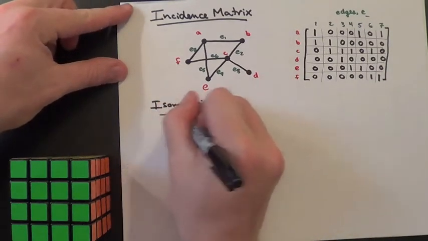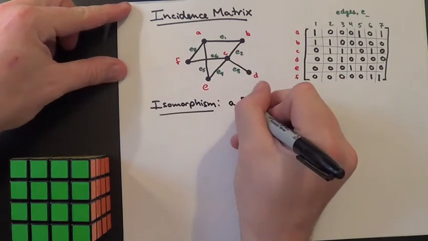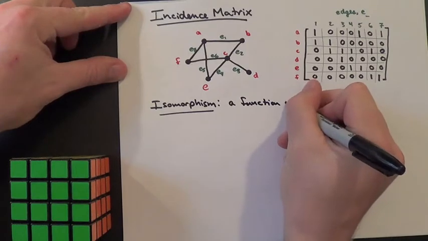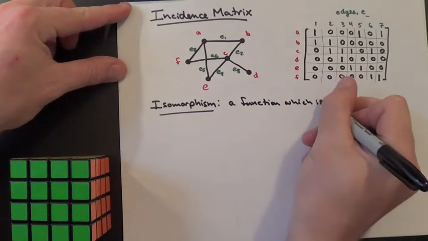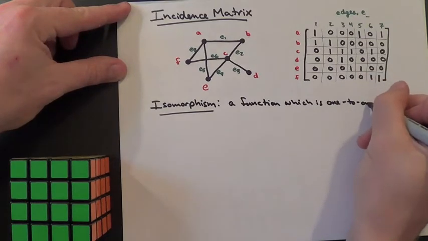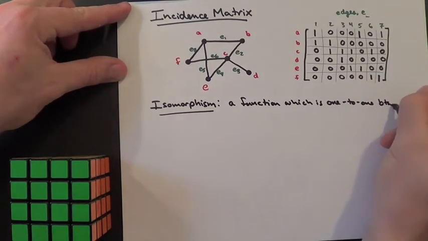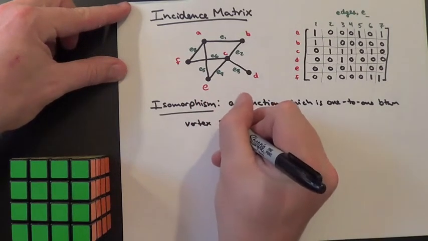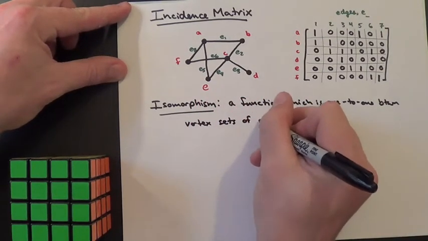An isomorphism itself is a function which is one-to-one between vertex sets of two different graphs.